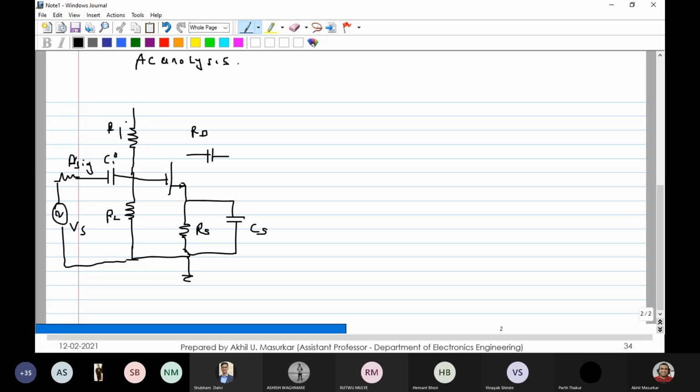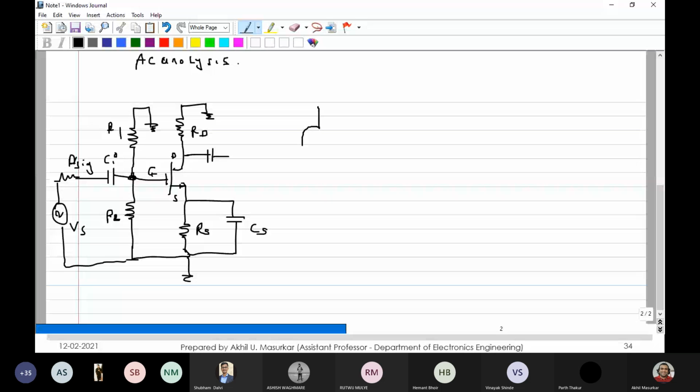We have R1 which is connected to ground, and we have RD also, which is connected to ground. Now this is gate, this is drain, this is source. So R1 is connected between gate and ground, and even R2 is connected between gate and ground.